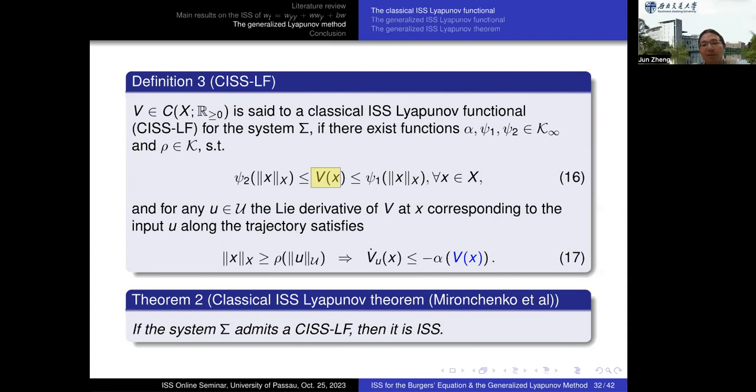The third point is that V does not depend on U. That is to say, we do not consider the influence of U when we construct Lyapunov functionals for the stability analysis. This may limit the choices of Lyapunov functionals when we assess the ISS for some systems with external disturbances, in particular for PDEs with Dirichlet boundary disturbances.